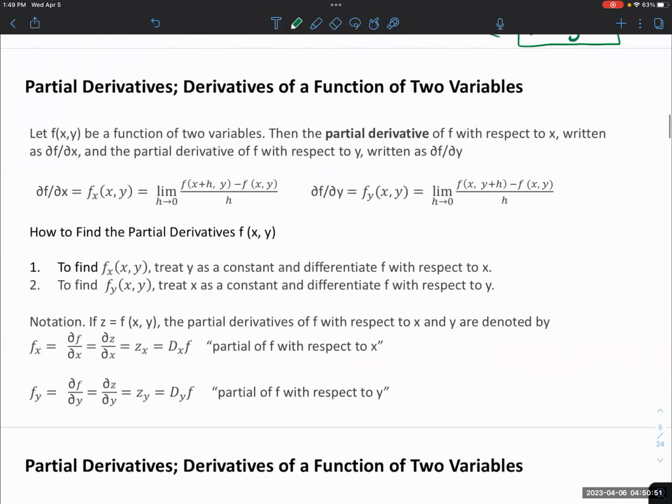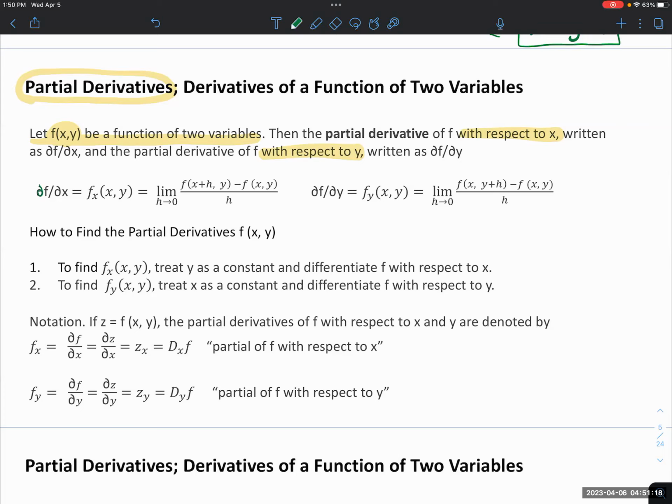So here is the definition of partial differentiation. Again, partial differentiation only applies when you have a function of two variables, f of x comma y. Then for the partial derivative of f, you're going to take the partial derivative with respect to x or with respect to y, and we write it this way.